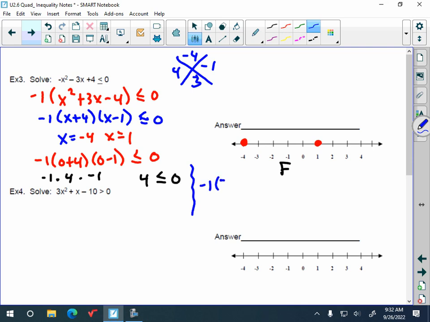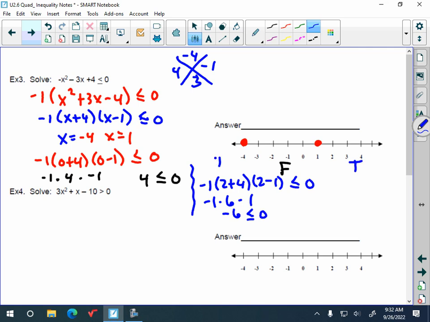So negative 1 times 2 plus 4 times 2 minus 1. Is that less than or equal to 0? Negative 1 times 6 times 2 minus 1 is 1. Negative 1 times 6 is negative 6. Negative 6 times 1 is negative 6. So negative 6 is less than or equal to 0. That's true.